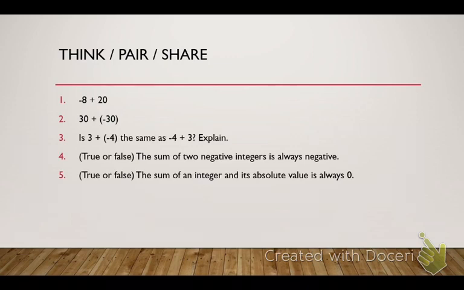Okay, negative 8 plus 20. What is it? Tell me. 12. Different sign, subtract. 30 plus negative 30. 0. Can anybody tell me what property that is an example of? Kennedy? Additive inverse. Yes, ma'am.